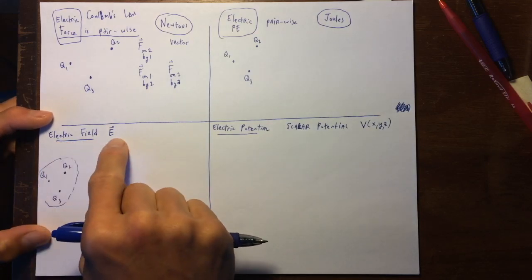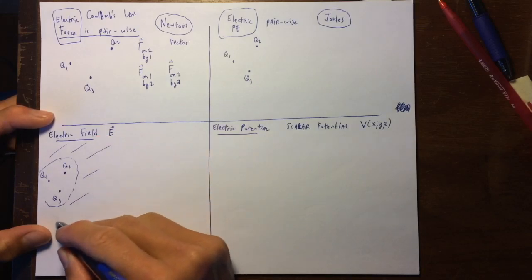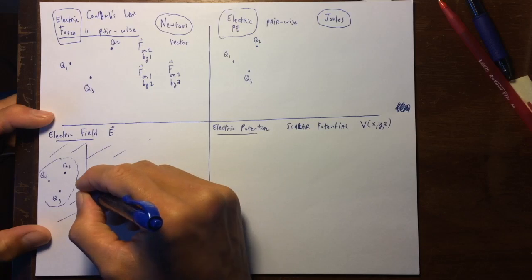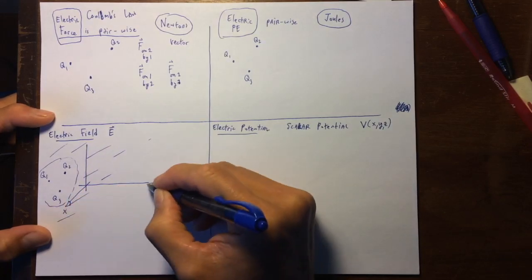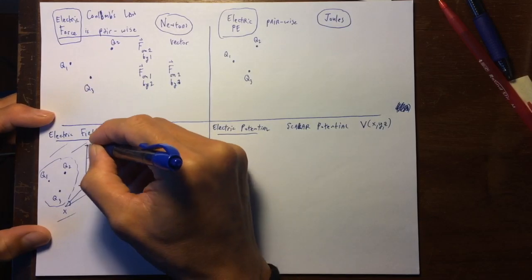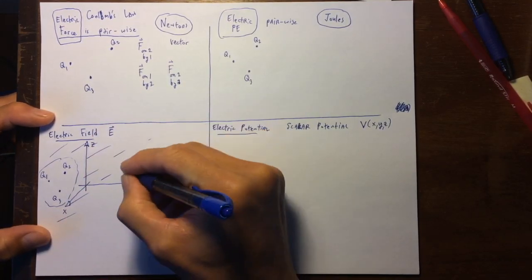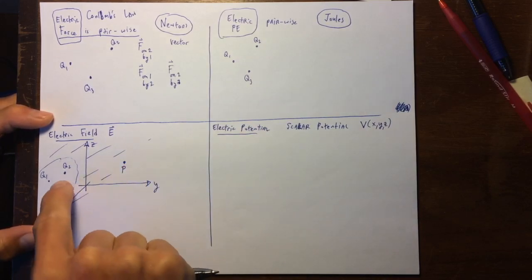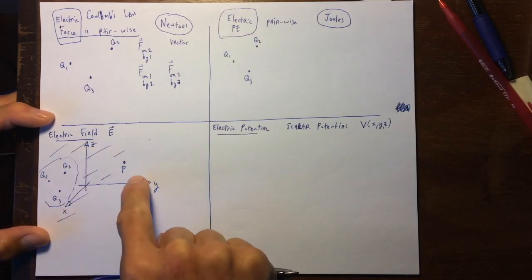And the idea of the electric field is everywhere out in the space around. So if I imagine there is a coordinate system, X, Y, Z, there are places in space out in, and even within, in amongst the charges too, but it is easier to draw this way.